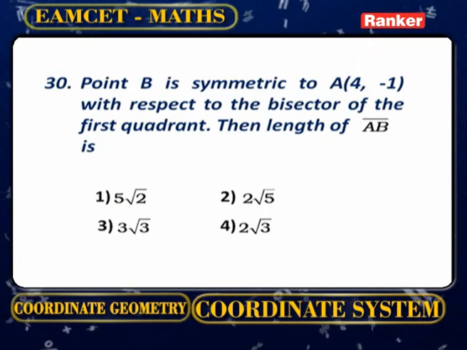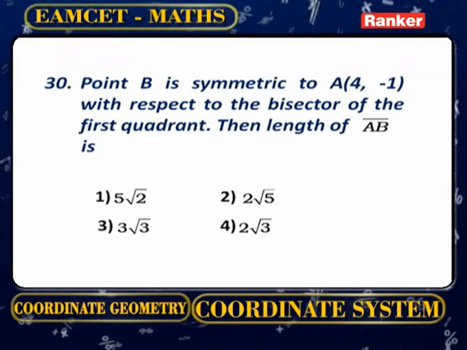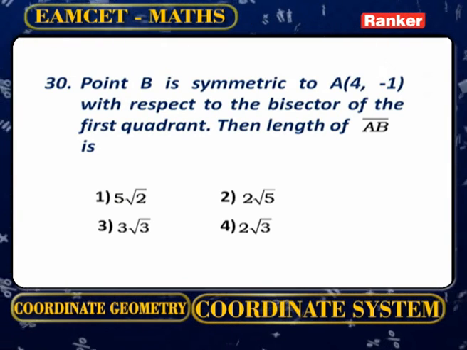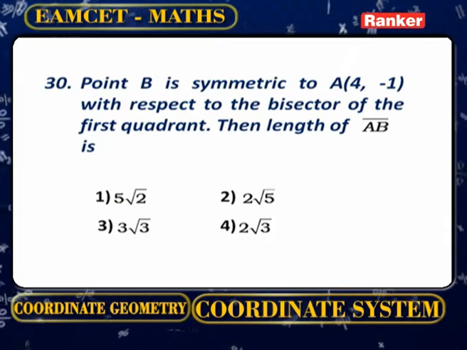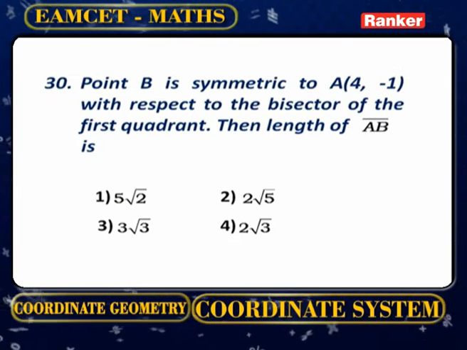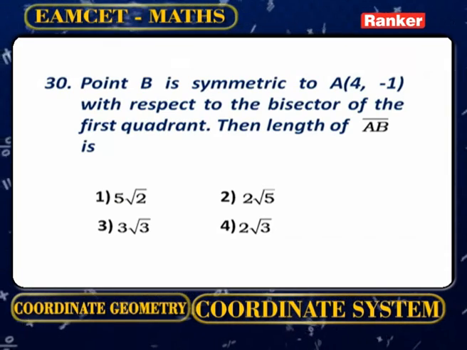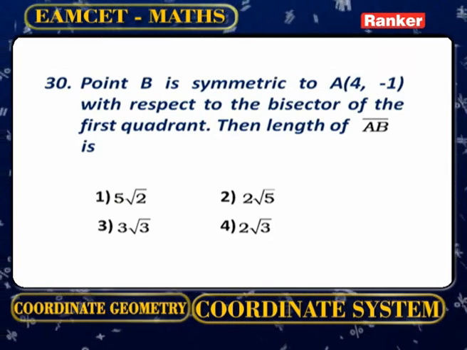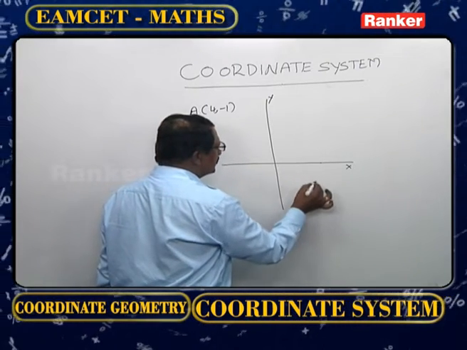The point B is symmetric to A 4, minus 1 with respect to the bisector of the first quadrant. Find the length of AB. Now x axis, y axis. The point A 4, minus 1: x is 4, y is minus 1.